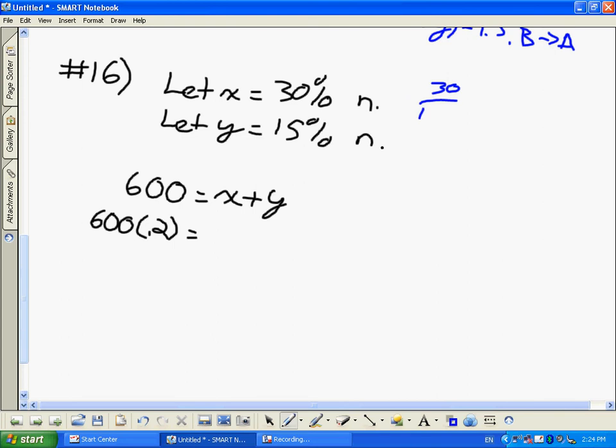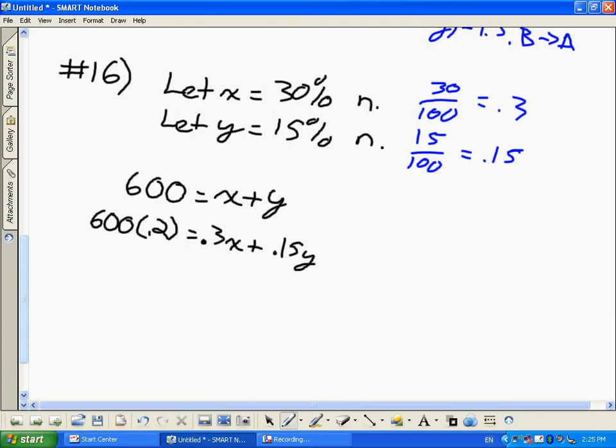Same idea up here, 30% as a decimal, 0.3, 15% as a decimal, 0.15. I need to use those percentages attached to the amount of nitrogen fertilizer we're using. So, our X represents the 30, so I'm going to have 0.3X plus 0.15Y is going to equal 600 times 0.2.